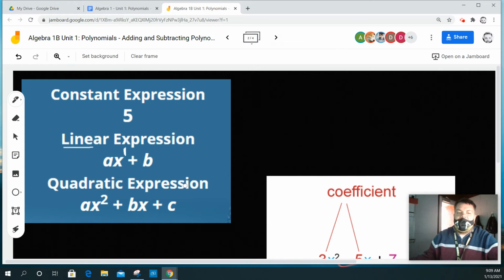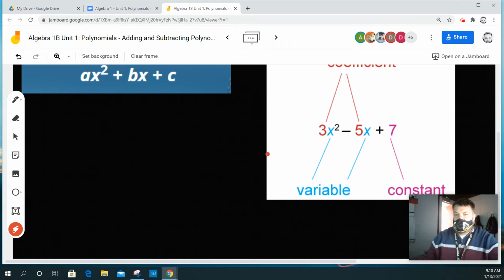Now, a quadratic expression, notice that I have x to the second power. And by the end of this example, we'll talk about what that means.